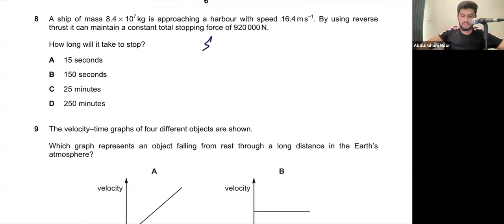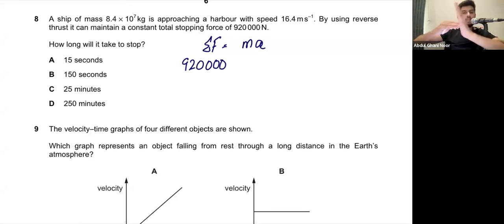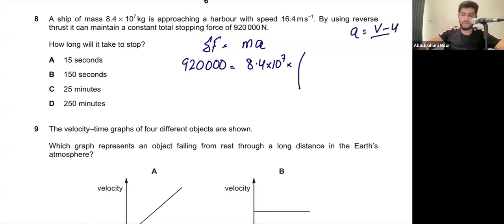So resultant force is equals to mass times acceleration. They have told us that the maximum possible force is 920,000 newtons. So the ship is moving in this direction, and there's a force in the opposite direction that basically stops it. Is equals to mass, 8.4 into 10 to the power 7, times acceleration. What is acceleration? Acceleration is V minus U upon T, final velocity minus initial velocity upon time.